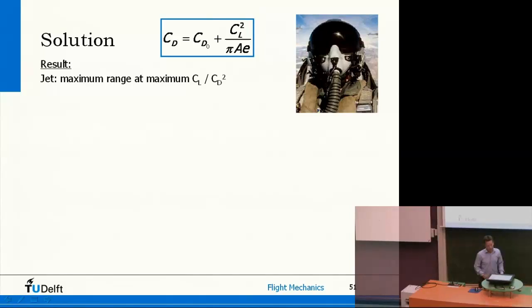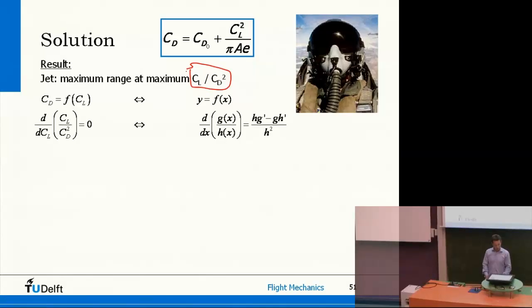This means that CD is a function of CL, or Y is a function of X, and I'm going to have to take the derivative with respect to CL. So I take the derivative of CL over CD squared. That's more or less the same as in the previous example.